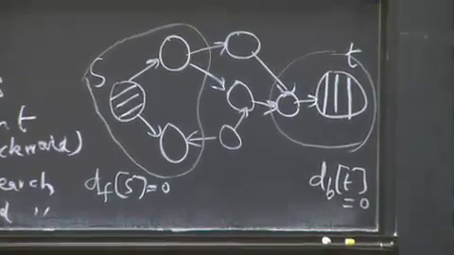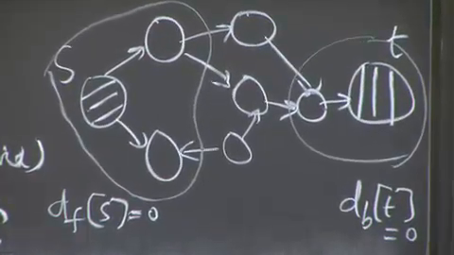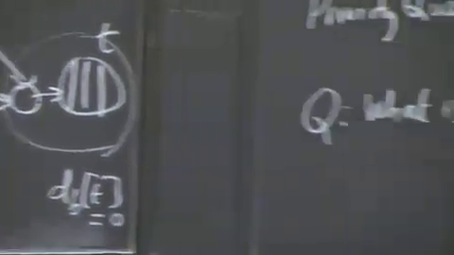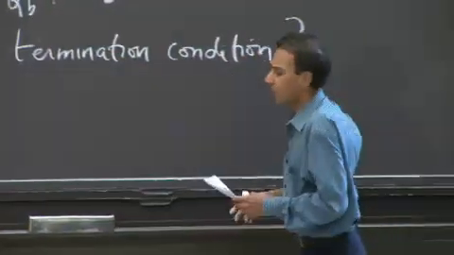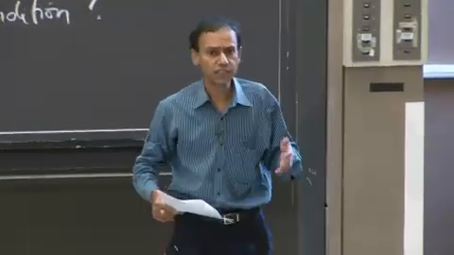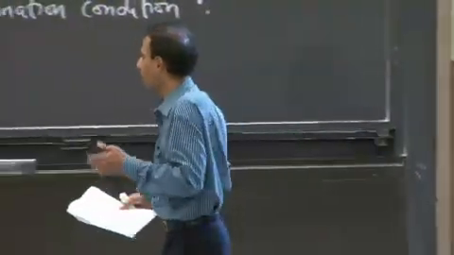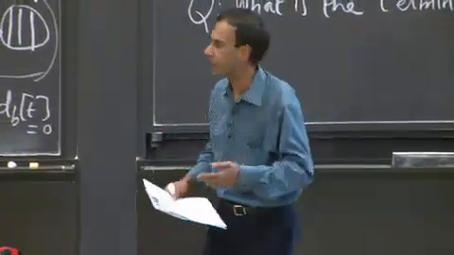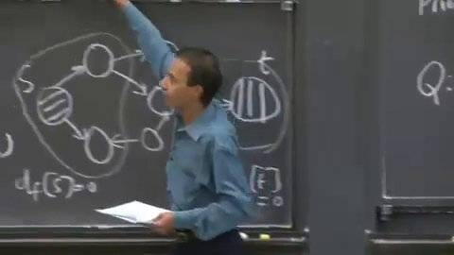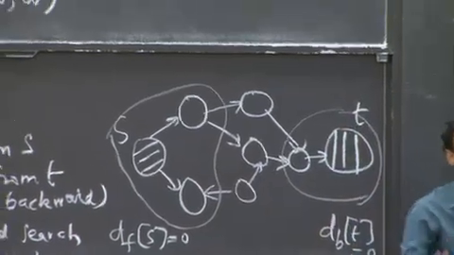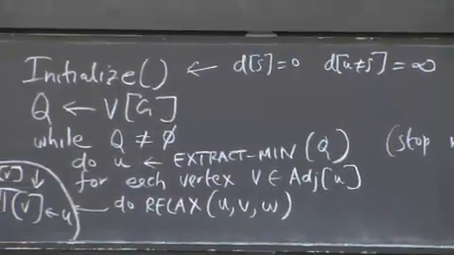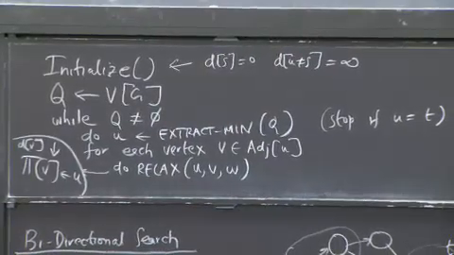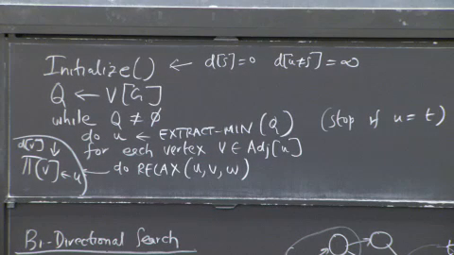Okay? So that's the intuition. And you've kind of seen that for the breadth first as well in your problem set. But in the context of Dijkstra, single source, single target, can someone tell me what the termination condition should be by looking at the code? I want a more specific or a more concrete termination condition that I can actually code up, as opposed to saying the frontiers meet, which I don't know how to code.